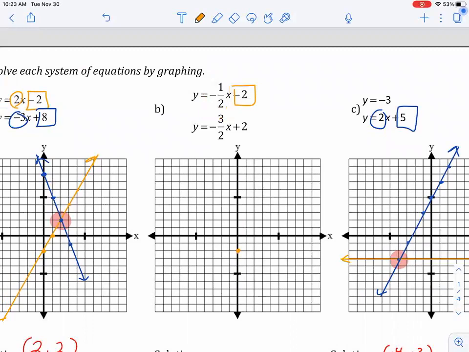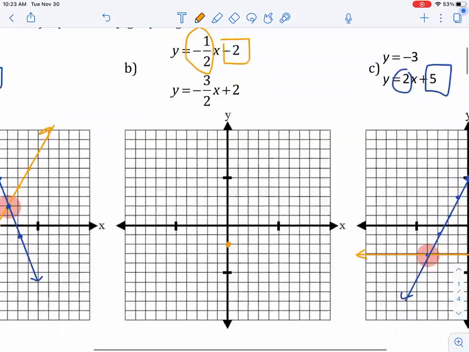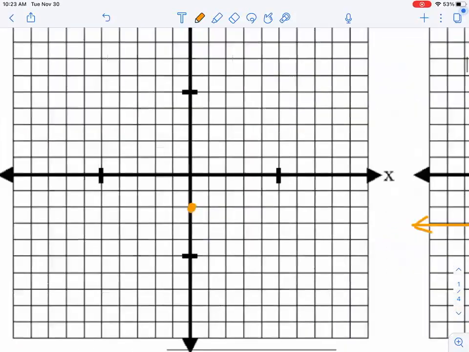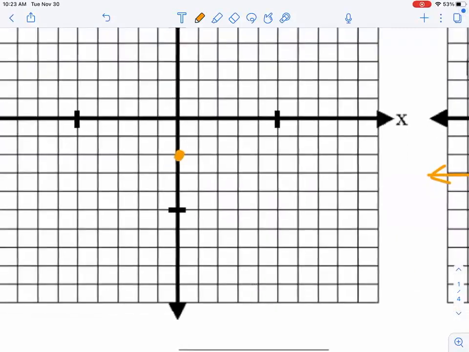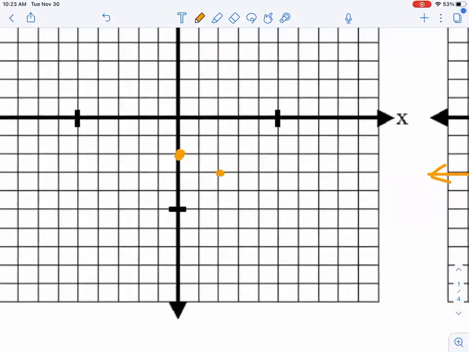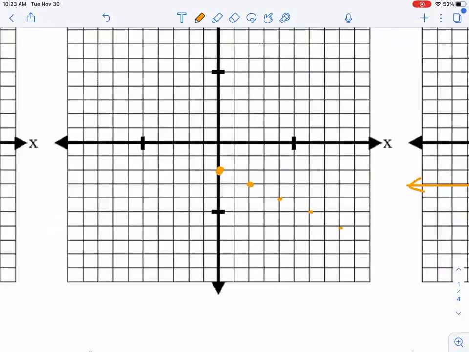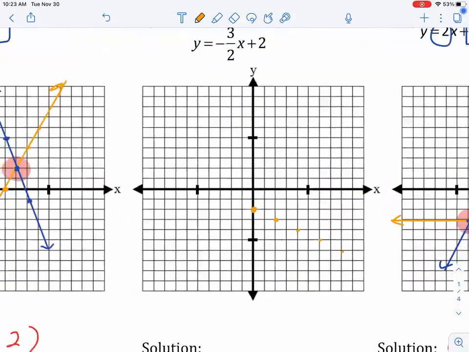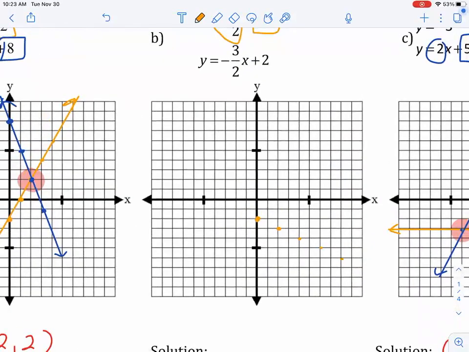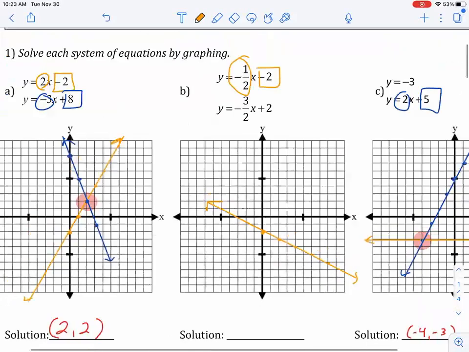So from here, I'm going to go down 1 and over 2 and put another point. So remember to always check and make sure that your slope is going the right way. This is a negative slope, so it should be going downward from left to right. A couple of you guys just had a positive slope there, so be careful.